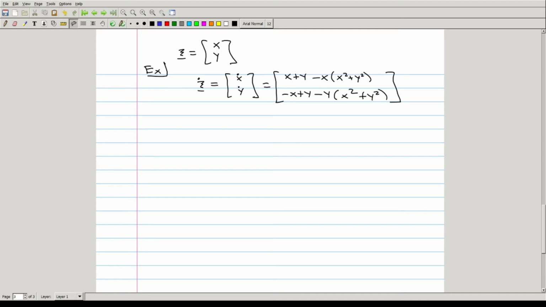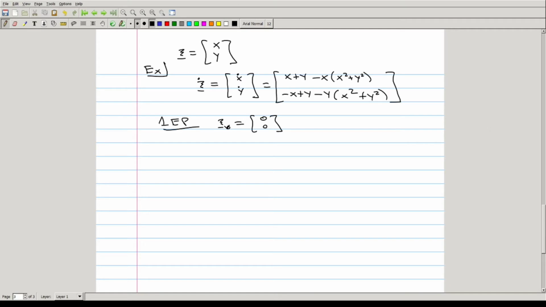And there are a number of different ways of proving that the only equilibrium point of this system is going to be the origin, 0, 0. But hopefully you can clearly see that we'll at least have one equilibrium point for the system, which is xi star equals 0, 0.